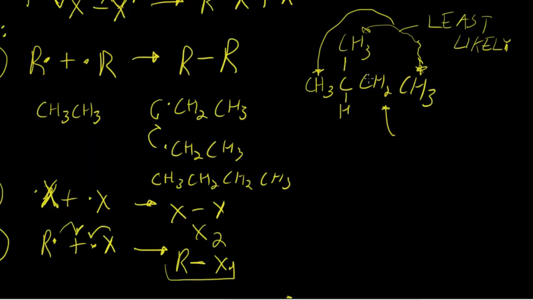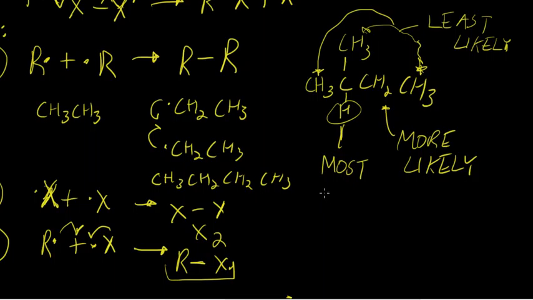That's because the carbon is bound to two other carbon atoms. So these are more likely. And this hydrogen is actually the most likely to be abstracted, because this carbon is bound to three other carbon atoms. So I'm going to say this is the most likely.